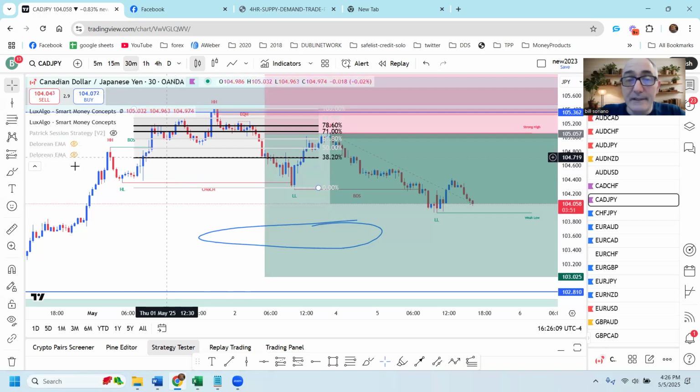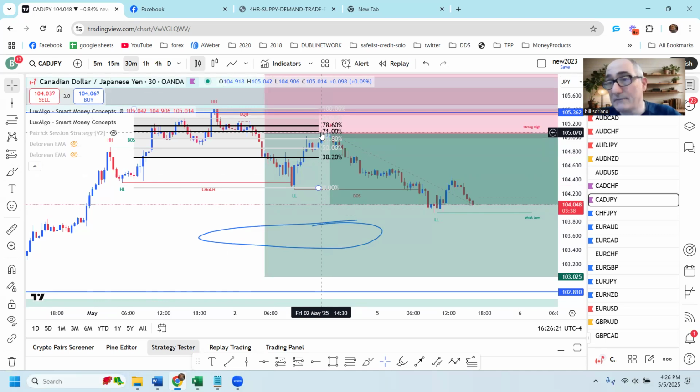Okay. Now, once you have that, does the 71 retracement on the fib give you at least a 1 to 2 risk to reward? If it does, then that's where you want to get in. If it doesn't, then you try the 78.6, right? If that still doesn't work, then you have to look for the refined supply or demand zone on the 1 hour or the 30-minute.